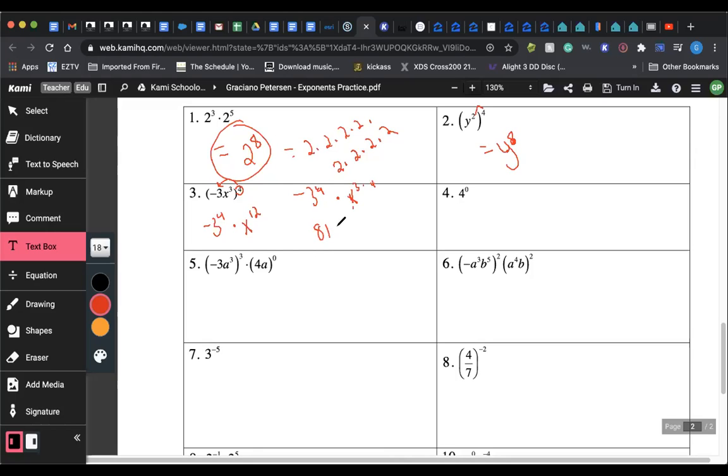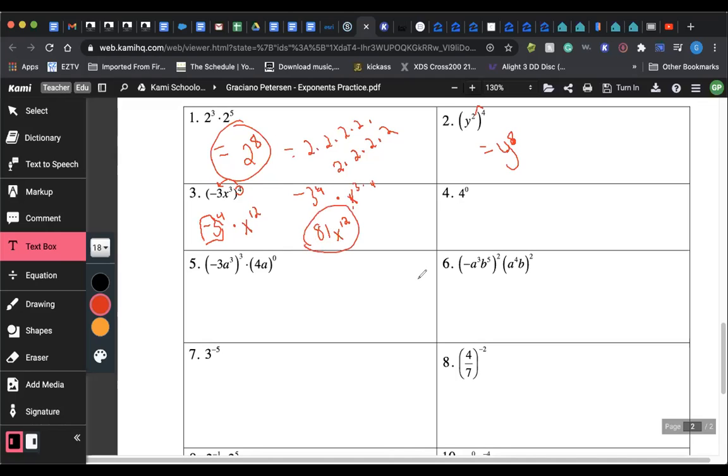This one we have to figure out. We can't leave it like that because of the -3. Because of this -3, when we do -3 to the fourth power, it's not going to be negative anymore. It's going to be a positive 81. So we need to figure that out.